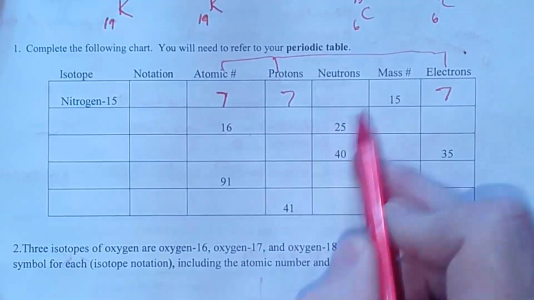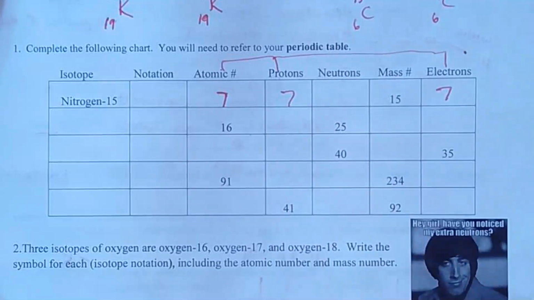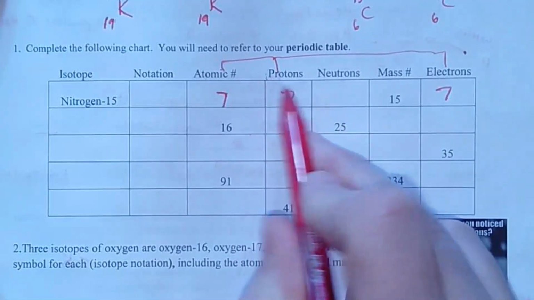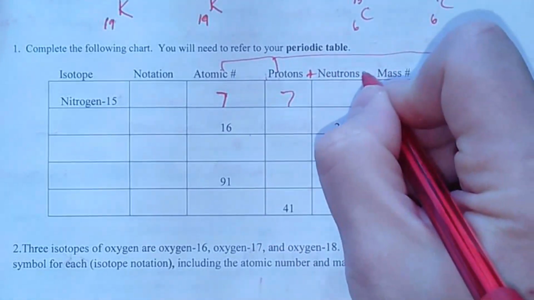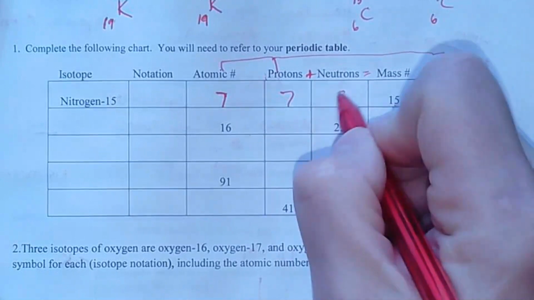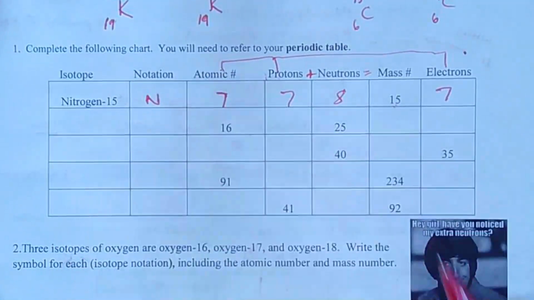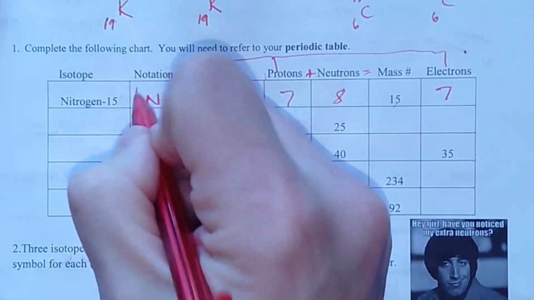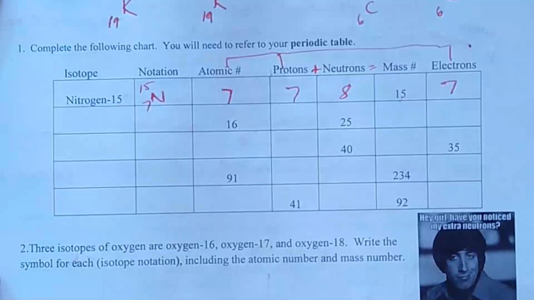And lastly, the neutrons is just going to be the mass number minus the protons, because these 2 values add up to the mass number. You can also think about it this way: protons and neutrons equal mass number. So 15 minus 7 is 8. Then our isotope notation, if that's N, 15 goes up here because it's the mass number, and the atomic number goes down there.